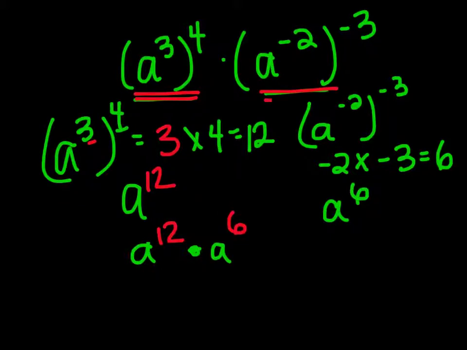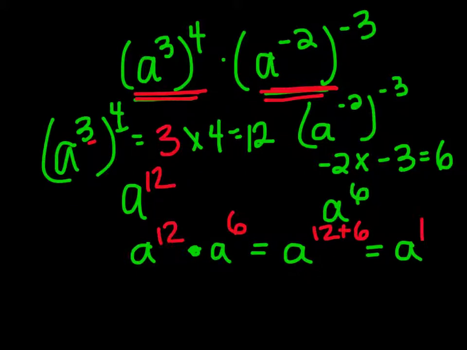That is both of these simplified, which is also equal to, now using our power of products property, a to the 12 plus 6, so a to the 18th. Hope this helps.